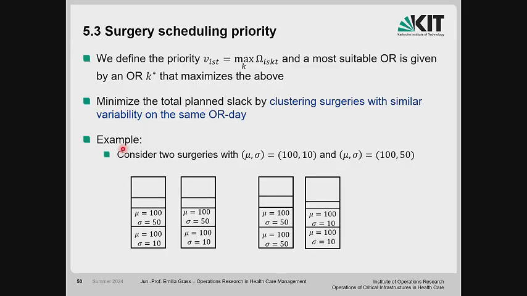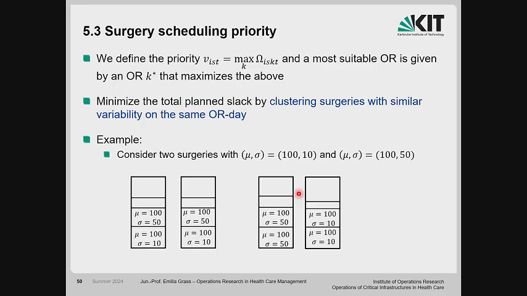So the first example is if we assign surgeries with different standard deviations, the one with 10 minutes of standard deviation and the second with 15, to the same day, and the same on the second day.